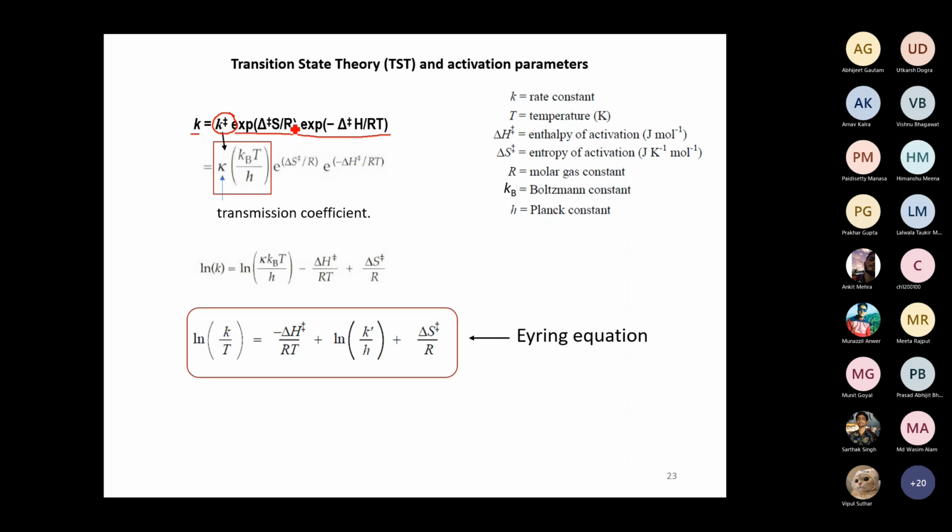I'm not going to tell in detail. It is coming from the Boltzmann distributions. This is equal to kappa, called the transmission coefficient, into kB. kB is the Boltzmann constant, T is the temperature in Kelvin, and h is the Planck constant.